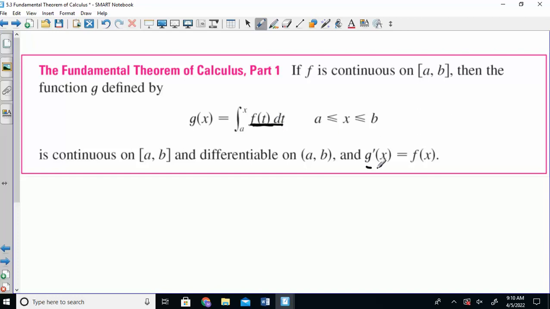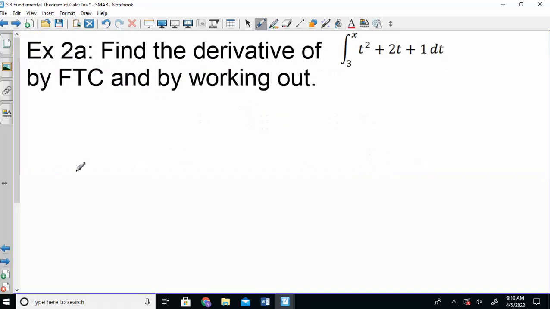And this is telling me if I do g prime, the derivative of this would really just cancel the integral and make our variable an x. So here I'm going to illustrate what this is. I'm going to do it two ways. First, I'm going to work this all out. Then I'm going to show you how we can use the fundamental theorem of calculus to shorten that work.